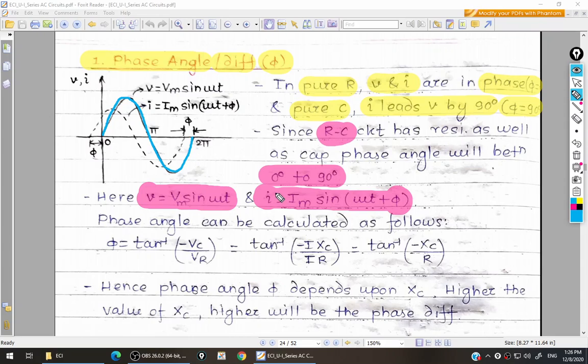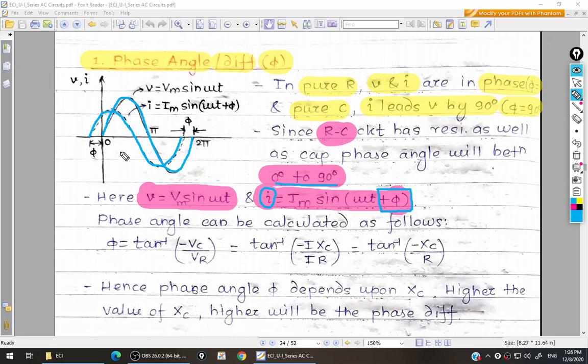And from this equation of current, now you can see that current is leading with respect to voltage by how many degrees? Phi degrees. Okay, so the value of phi is in between 0 to 90 degrees. So this dotted line indicates the waveform for current, and current is leading with respect to voltage by angle phi, and the value of phi will be anything in between 0 and 90 degrees.